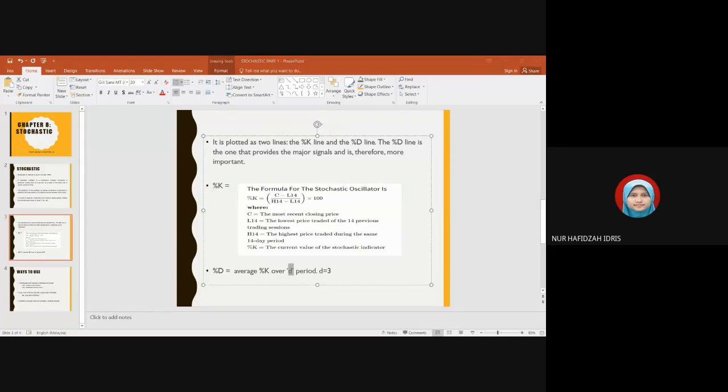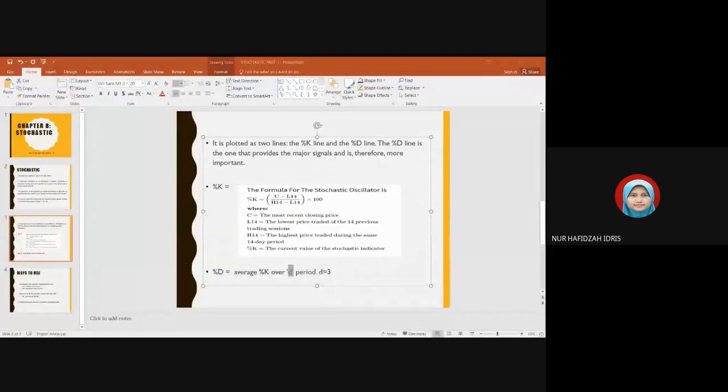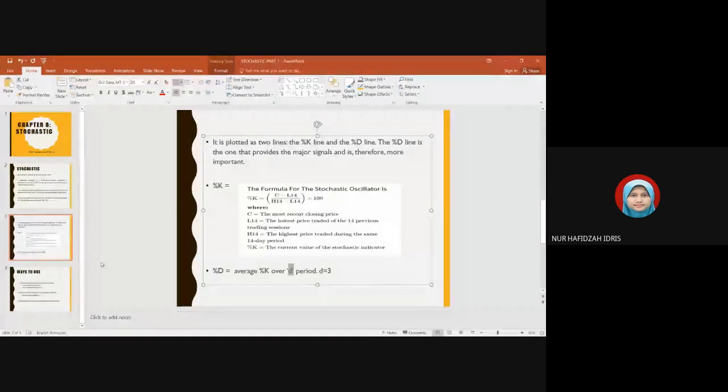Normally we will consider the 3 average stochastic. Okay, so nanti dalam chart Nexus yang akan tengok lah dalam kita punya software, K adalah 14, D adalah 3. K 14 that refer to the 14 days, D 3 refer to the average stochastic for the 3 period.